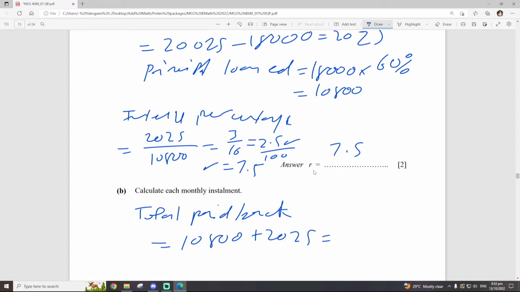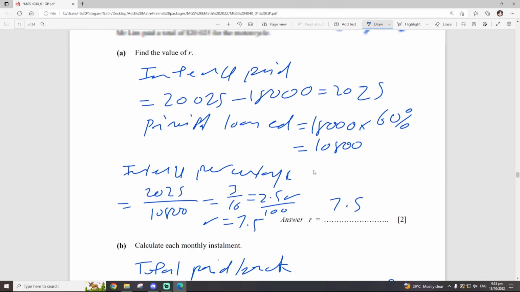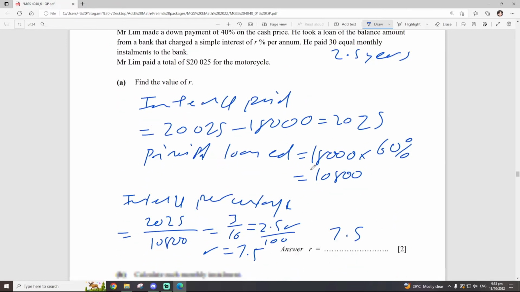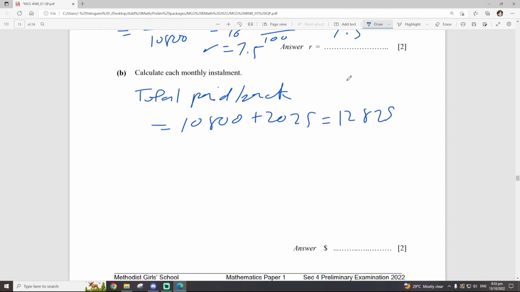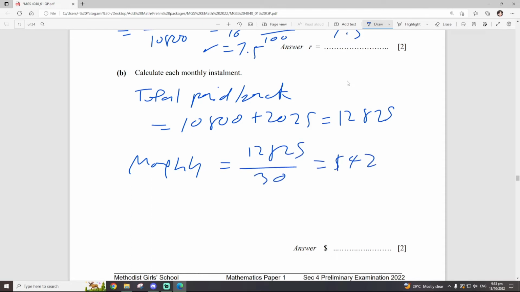This is 12,825. Okay. So monthly will be this divided by 30, which is $427.50. Put it into DP.